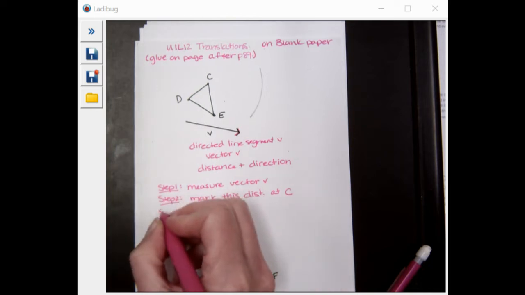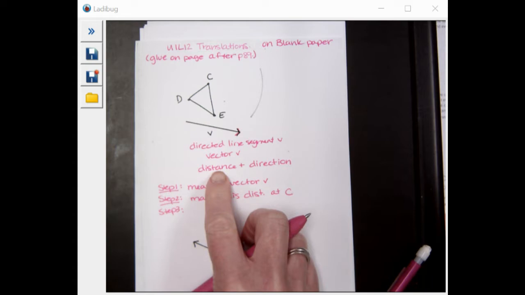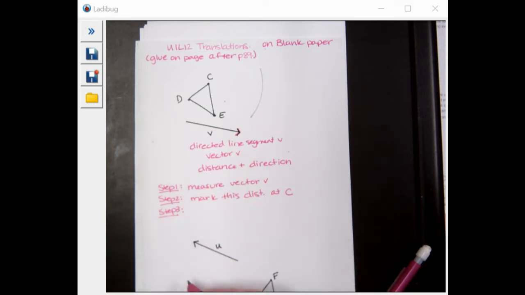So step 3, what I just did there was the distance. I've measured how far away C prime should be. So step 3 is where I'm going to do the direction.